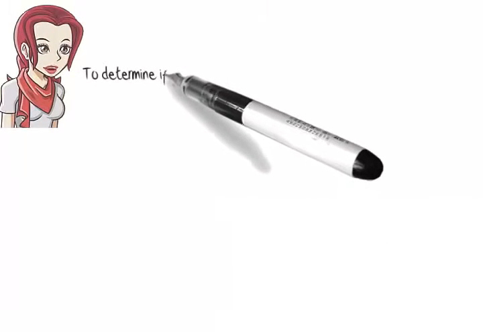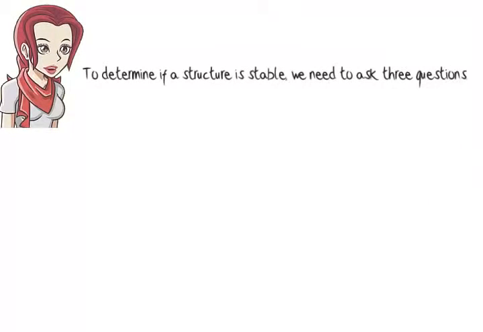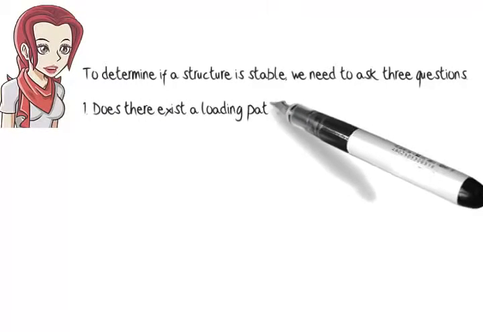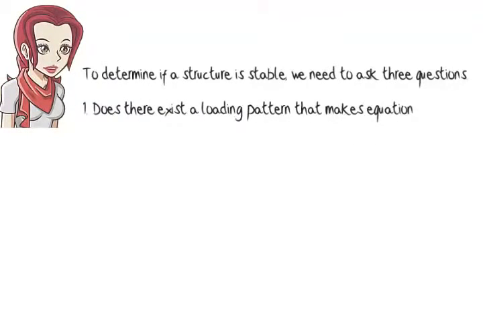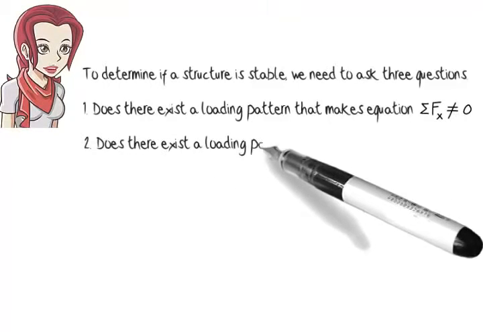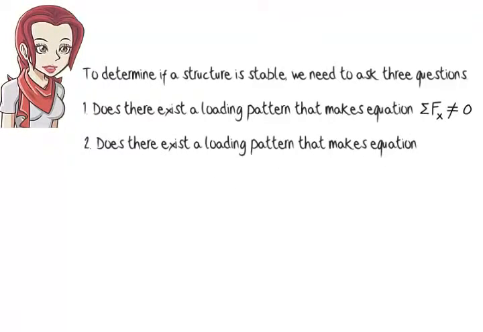To determine if a structure is stable, we need to ask three questions. 1. Does there exist a loading pattern that makes the equation sum of the forces in the x direction equals 0 unsatisfiable? 2. Does there exist a loading pattern that makes the equation sum of the forces in the y direction equals 0 unsatisfiable? 3.